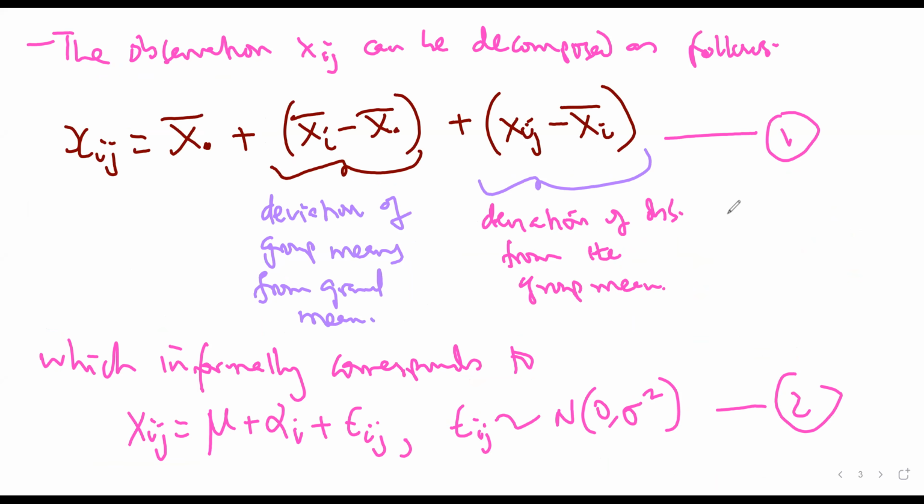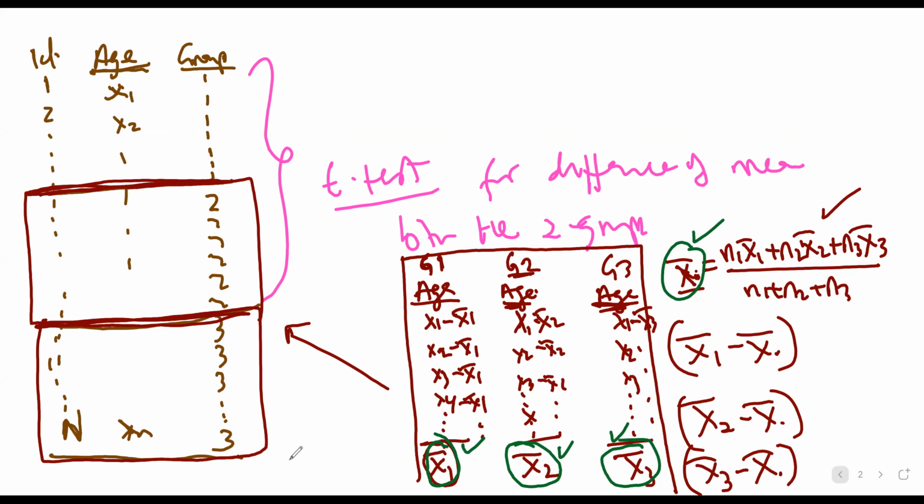Then what does it mean when you come here? It means that this will be 0. And that's what corresponds to what we are calling the alpha i's. So if all the group means are equal, then the alpha i's are all equal to 0, where the alpha i's correspond to these differences here.